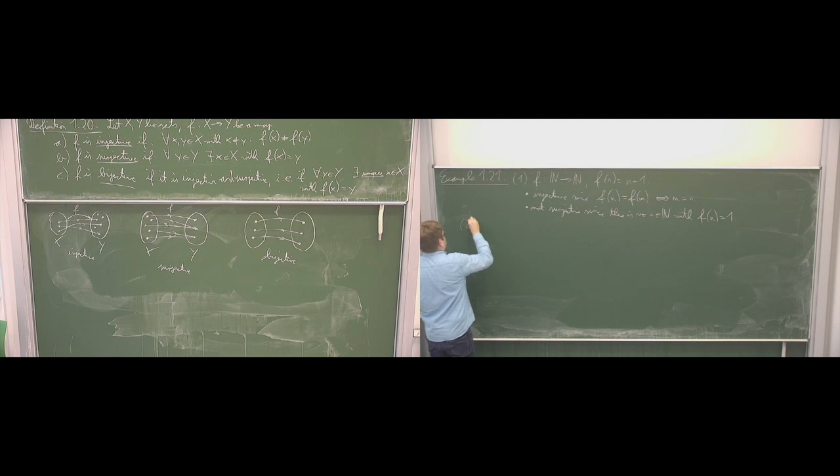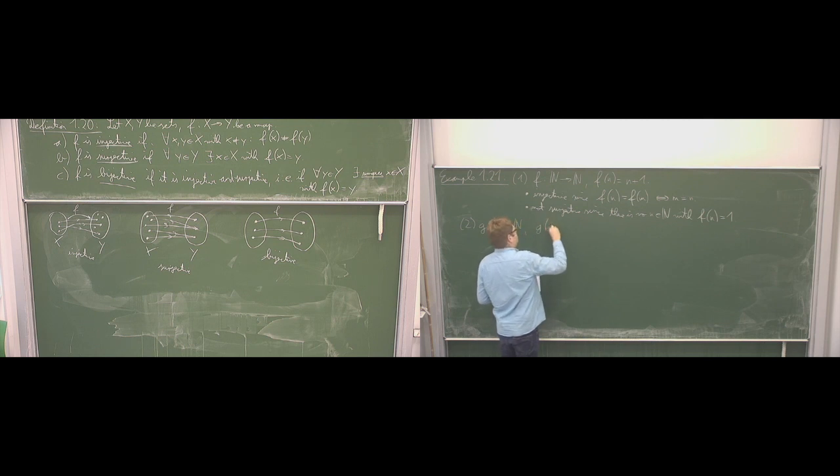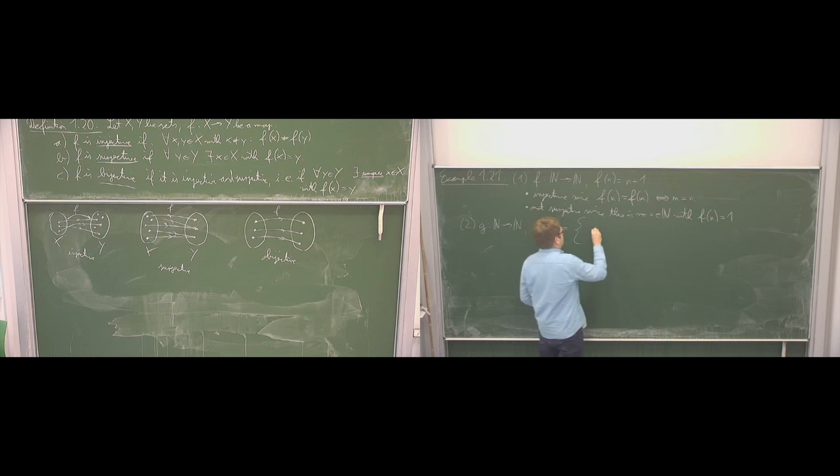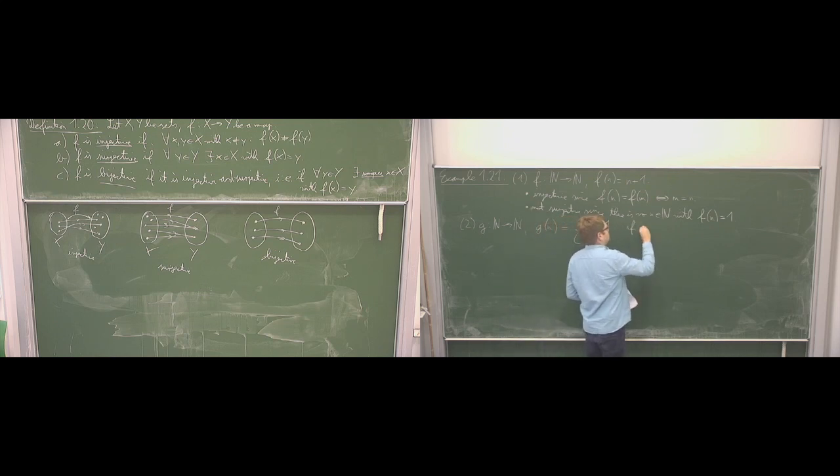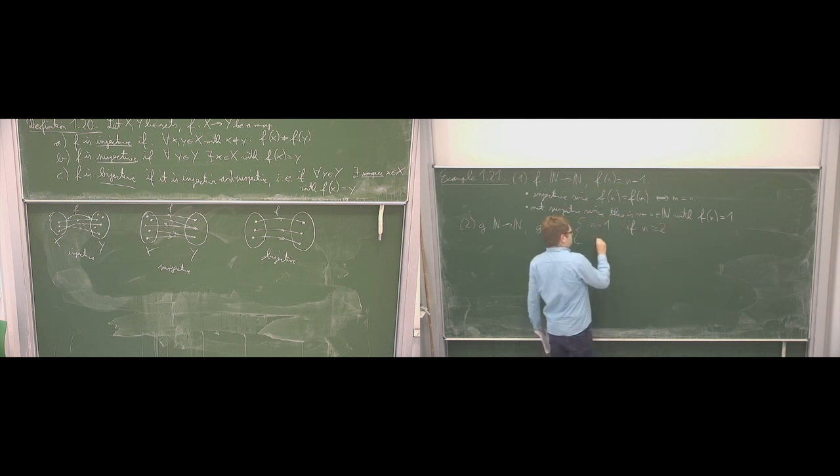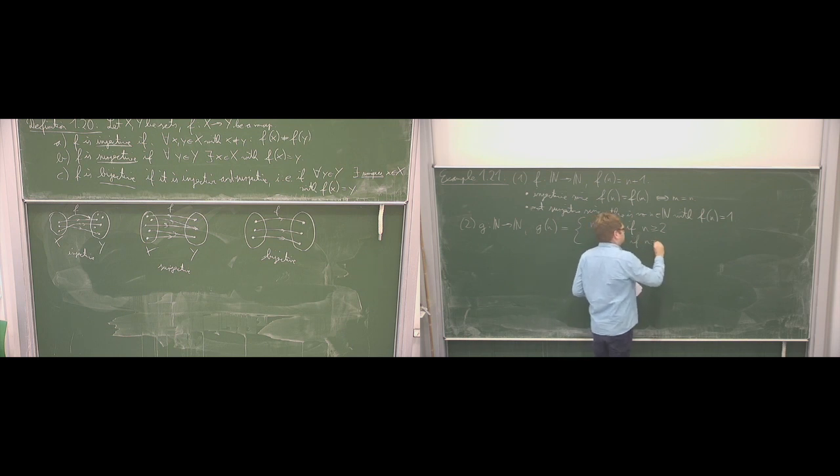Okay, secondly, we take again a map g from N to N, which is defined as follows, and this is an example of how we can also write maps by defining them case-wise. We say that this is defined as n minus 1 if n is 2 or bigger, and it's mapped onto 1 if n is equal to 1.